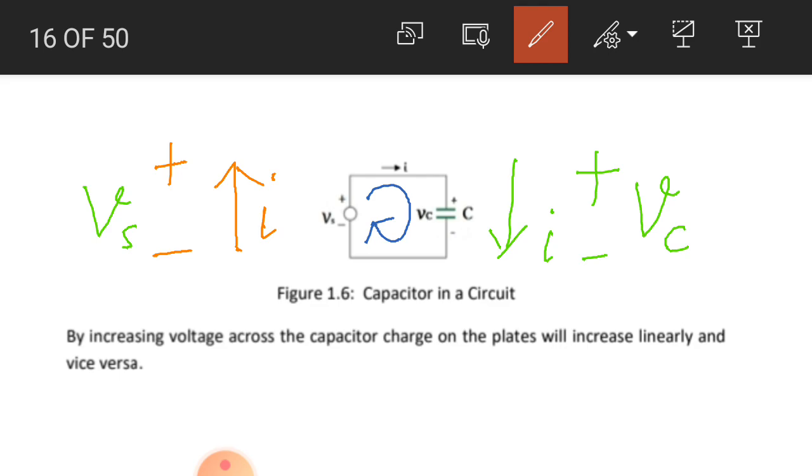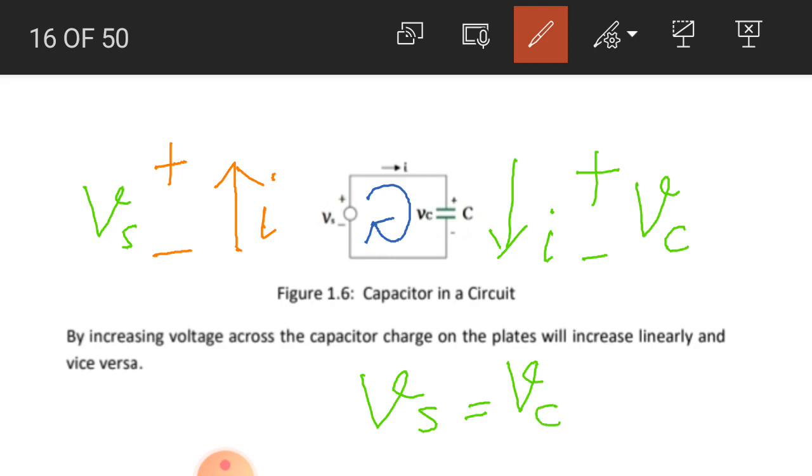We apply KVL, Kirchhoff's voltage law, to this loop. Kirchhoff's voltage law states that the sum of the voltage rises in this loop will be equal to the sum of the voltage drops. The voltage across the source is a voltage rise, and the voltage across the capacitor is a voltage drop.